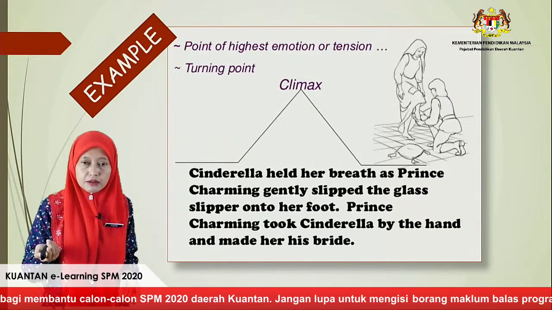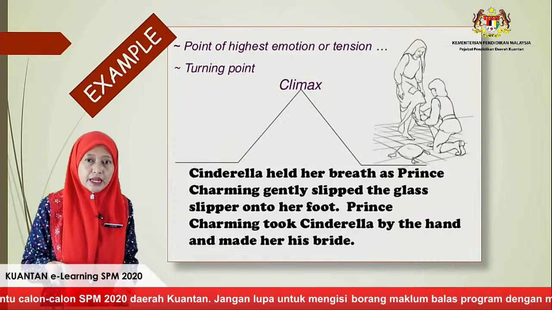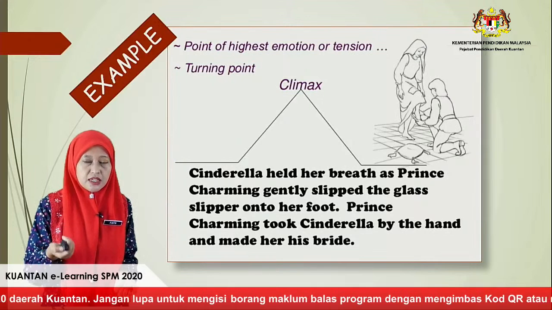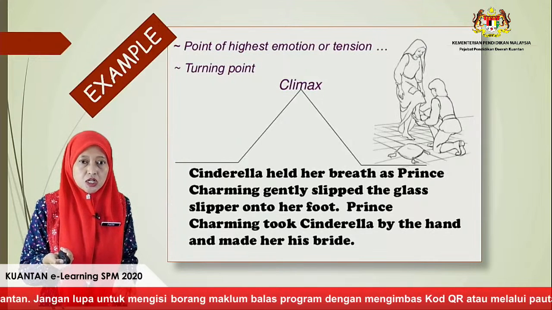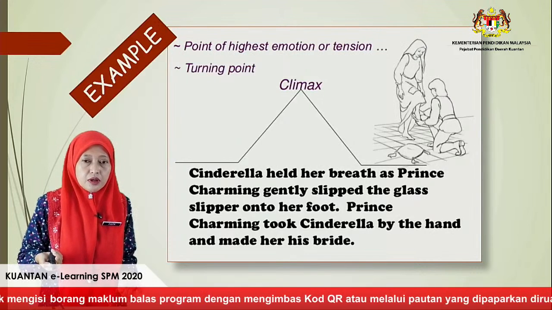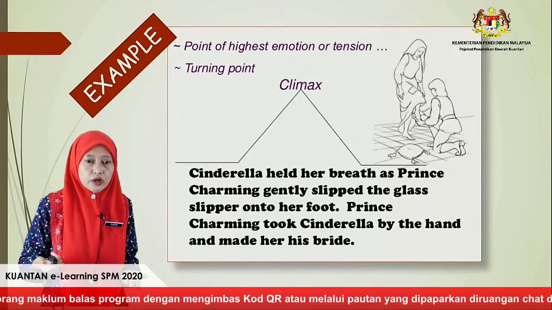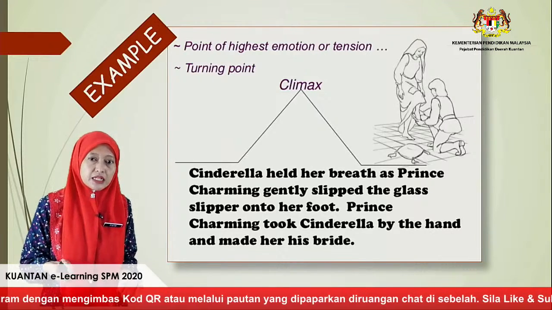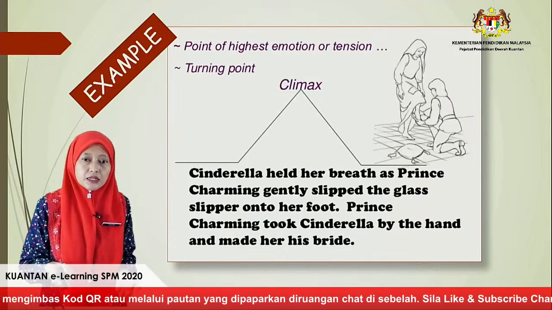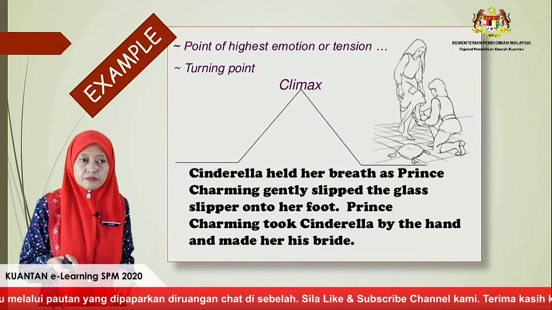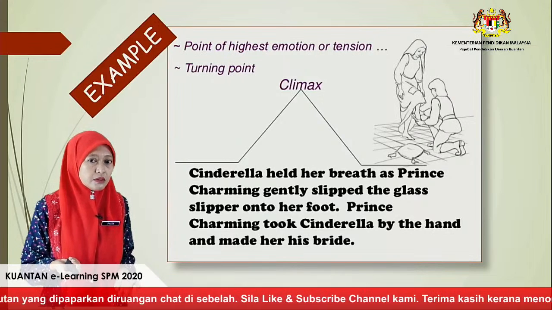What can happen here? Of course, so many things can happen. For example, maybe the evil stepsister bangs on the glass slipper, making it crash and break into pieces, so that Cinderella cannot prove that she was actually the princess who danced with the Prince Charming before this, right? That is possible.